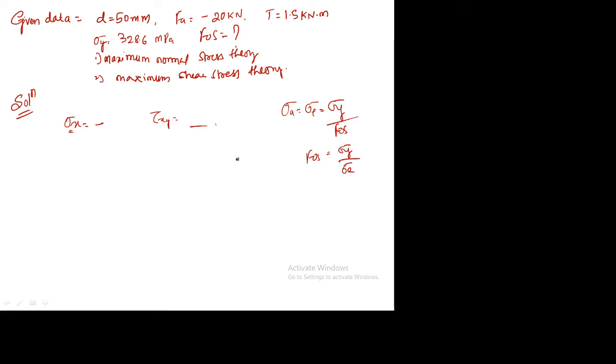Once you get the values of sigma x and tau xy, you calculate sigma e based on maximum principal stress theory. Now you calculate FOS equal to sigma y divided by sigma e.